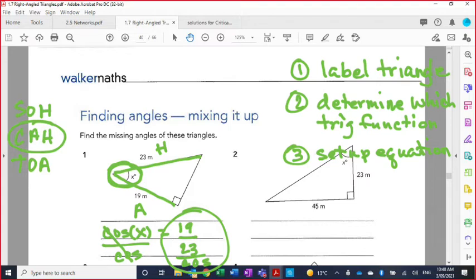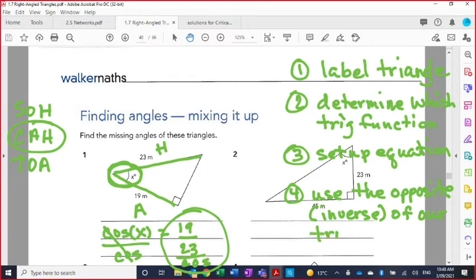What we need to do is use the opposite, or inverse, of our trig function.